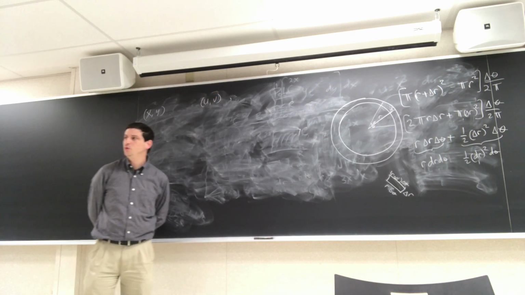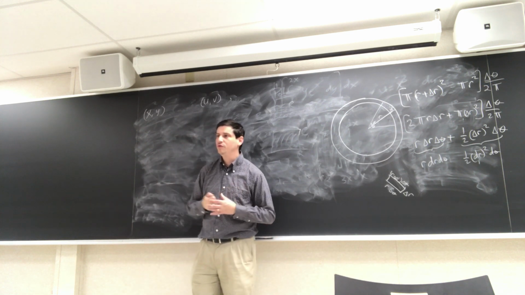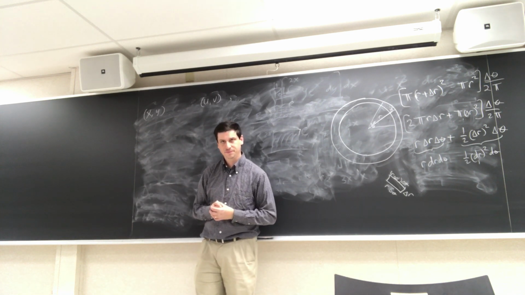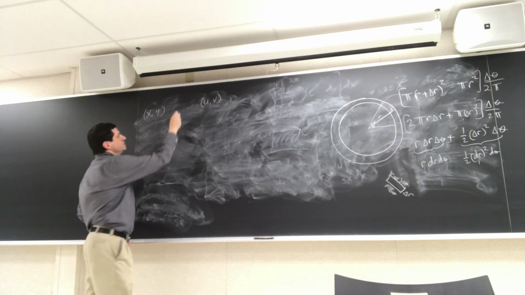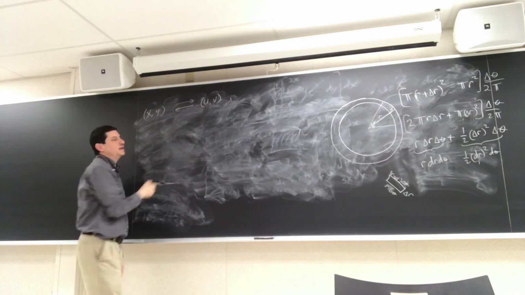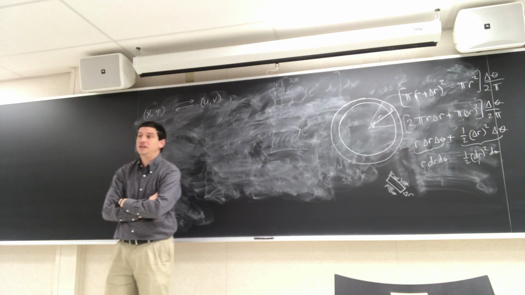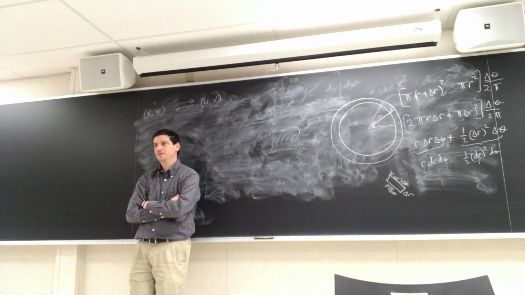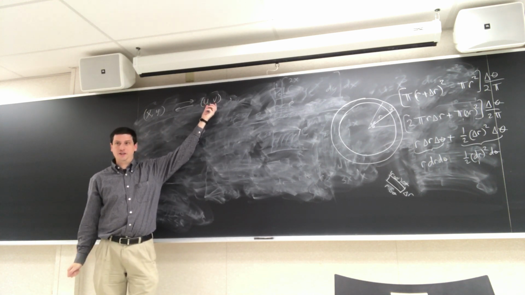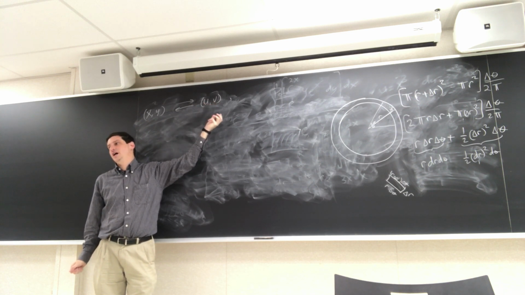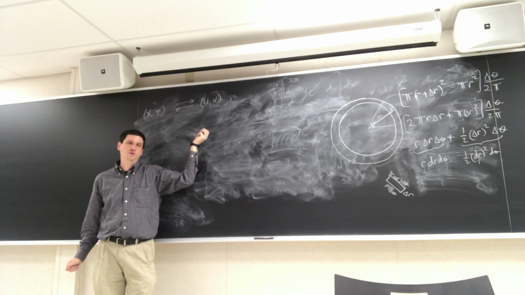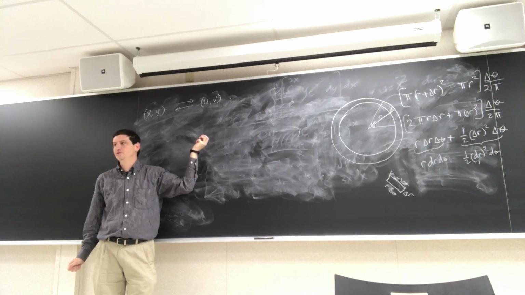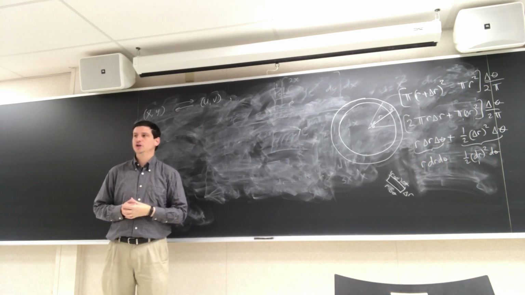So I'm going to do things in a little bit more generality, and then later we will replace things in terms of x and y. Okay? So what this means is I have some way of going back and forth between these coordinates. I can write things in xy, I can write things in uv. If uv is r theta, then I've got the relation x equals r cosine theta, y equals r sine theta, or r equals the square root of x squared plus y squared, theta is the arctangent of y over x. I've got these relations going back and forth.